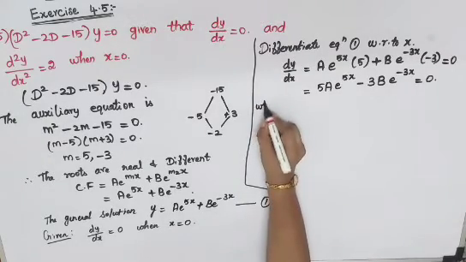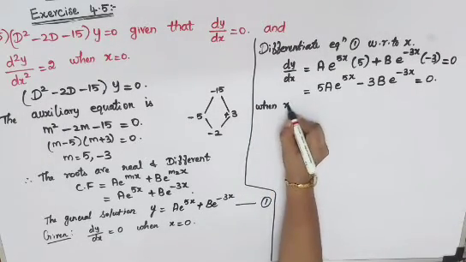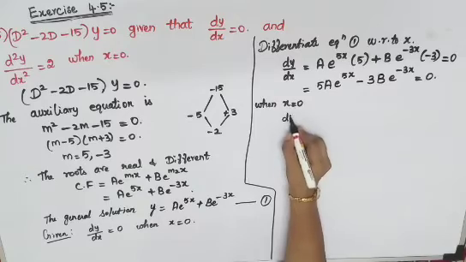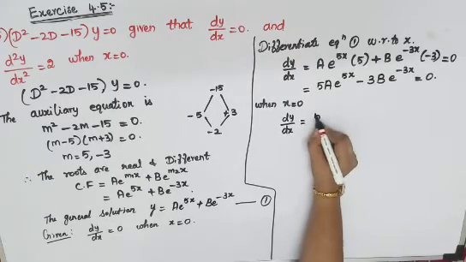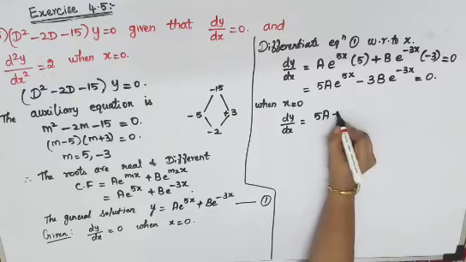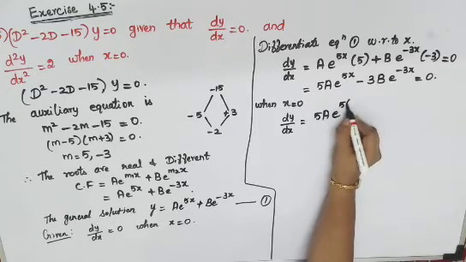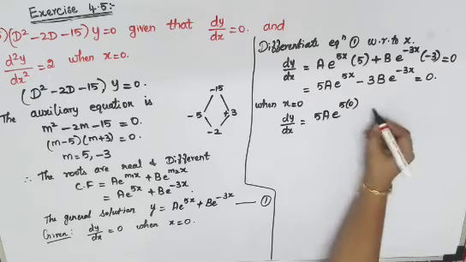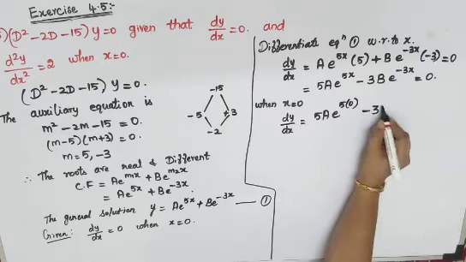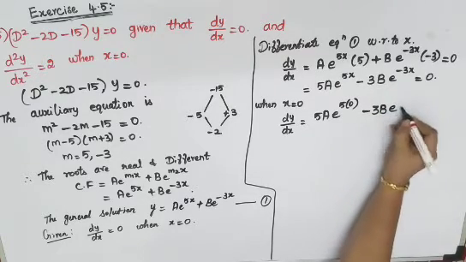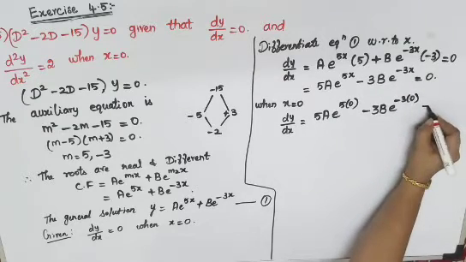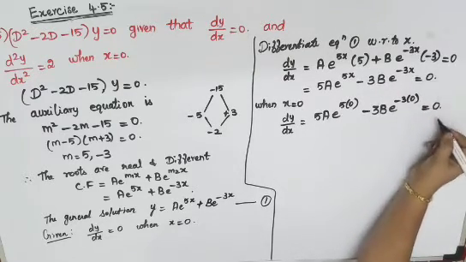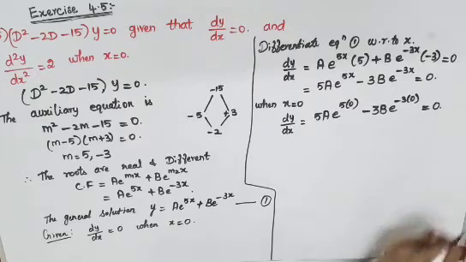So when x is equal to 0, dy by dx is equal to 5a e power 5 into 0 minus 3b e power minus 3 into 0, instead of x we put 0, and that is equal to 0, as dy by dx is given as 0.